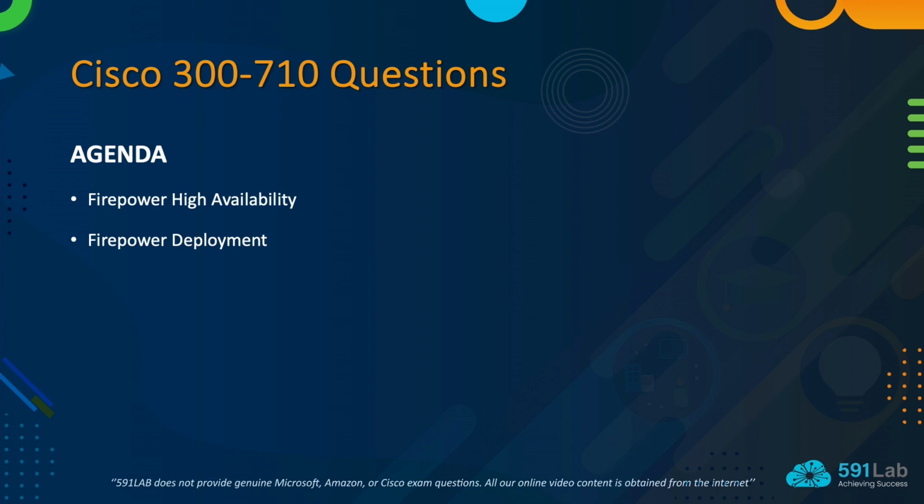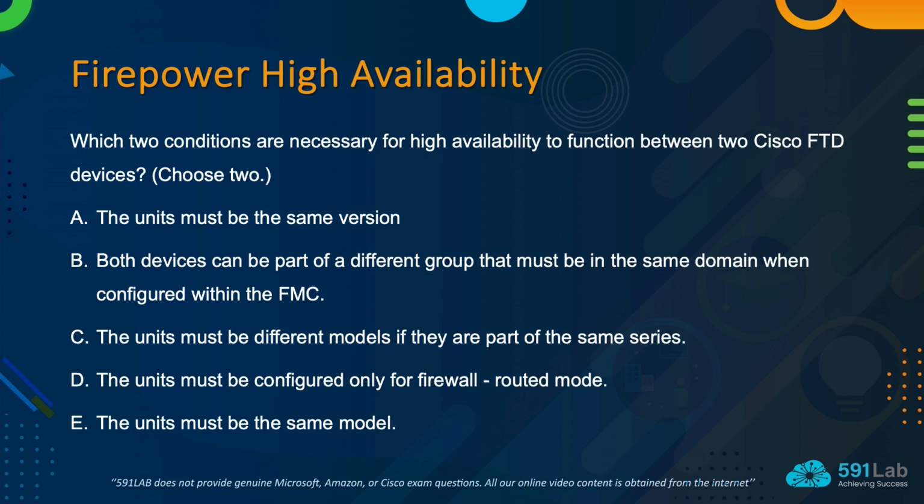Now quickly, let's deep dive into our first question. So, the first question is, which two conditions are necessary for high availability to function between two Cisco FTD devices? To answer this, let's have a look at Firepower high availability architecture.